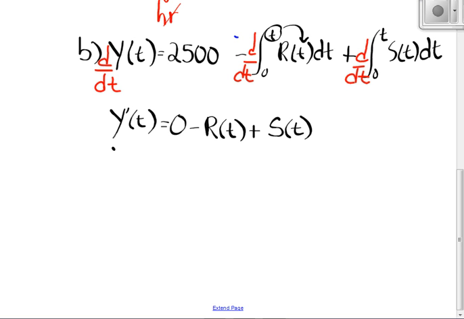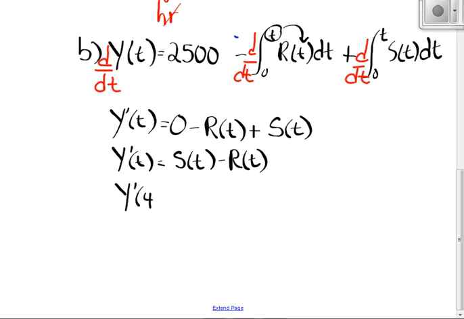Or if you would prefer to see it this way, it doesn't matter: s of t minus r of t. Then you want to do r prime of 4. Now I'm going to show you an easy way to do this on your calculator, or y prime of 4. You're going to want to subtract s of t minus r. Just switch the order. Does it matter? Yes.